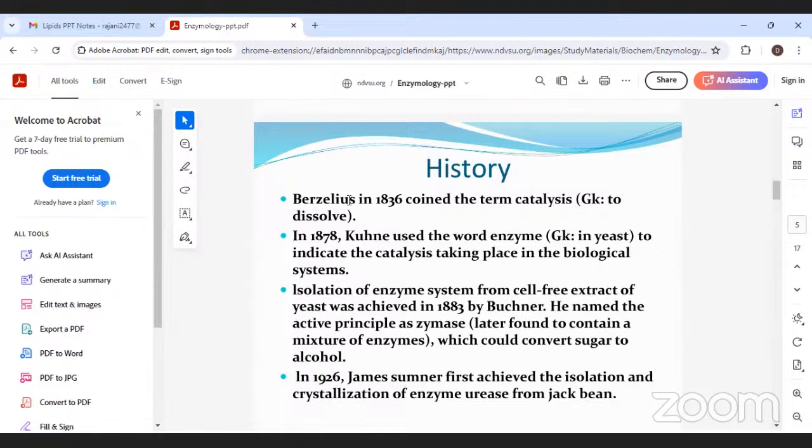In 1926, the scientist James Sumner first achieved the isolation and crystallization of an enzyme, the urease enzyme, from the jack bean. He was the first to achieve the crystallized form of an enzyme.